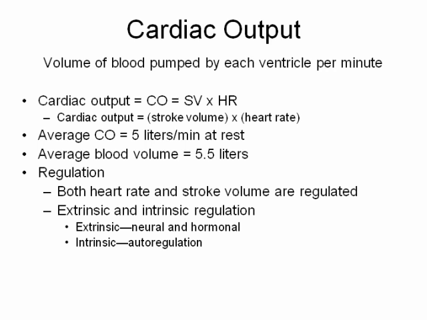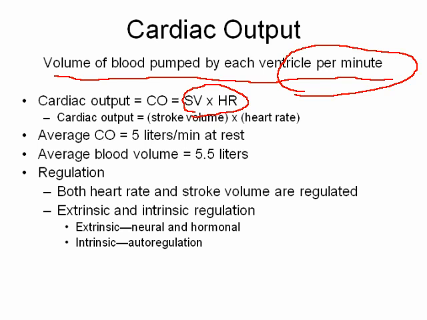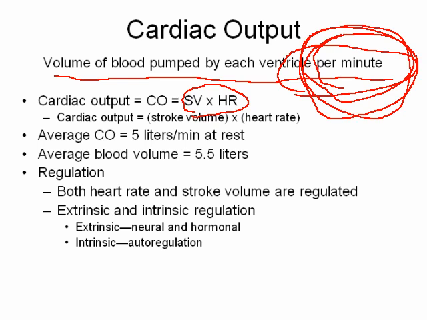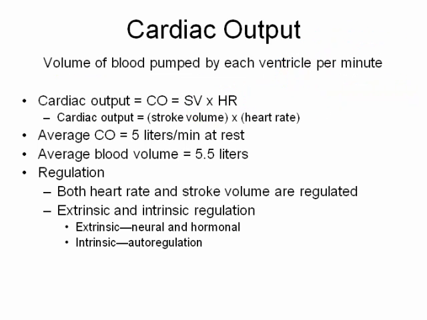So let's look at the concept of cardiac output. It is the volume of blood pumped out by the ventricle per minute. So it is the stroke volume times the heart rate. And we're much more interested in the amount being pumped per minute than the amount pumped per cycle, because, of course, this is what's meeting the minute-to-minute demands of your body.